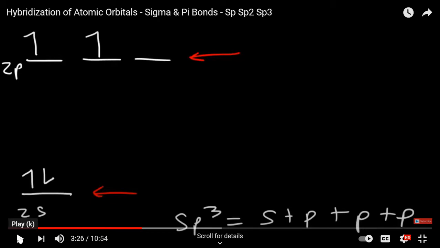Not quite. We're not taking one from the s. Where are those 4 missing electrons going to come from to satisfy the octet? We just said it a few minutes ago.